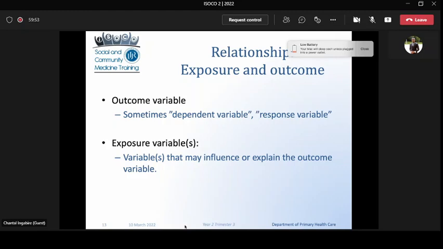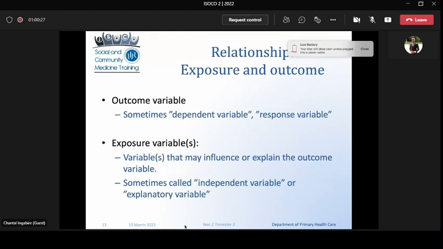You have just provided some examples, like being exposed to smoking and lung cancer in the long run, but also being exposed to bad or cold weather and how it is related to a cold or even flu and so on. So indeed, you cannot say there is an outcome without talking about the exposure.